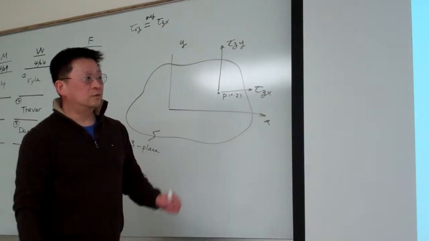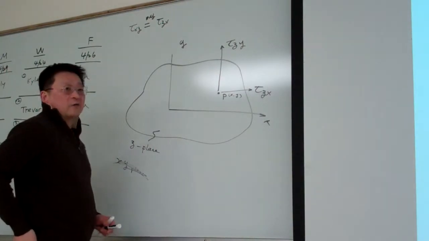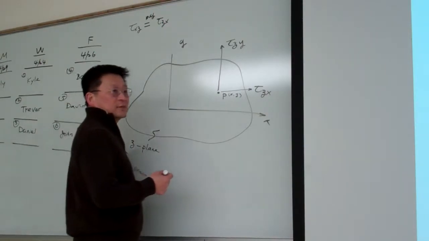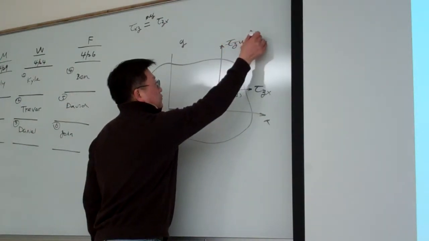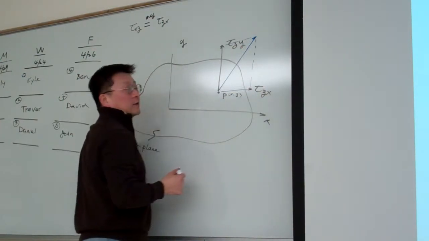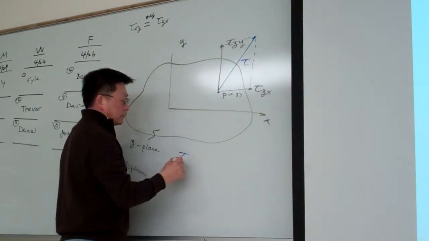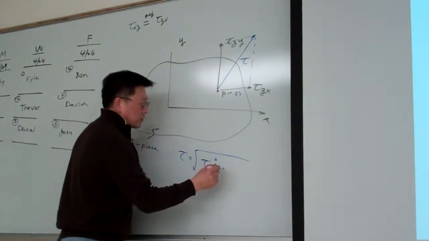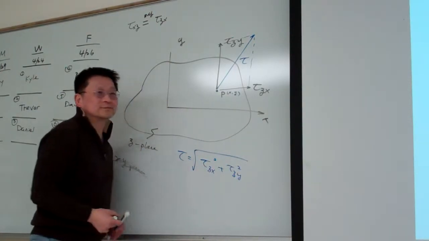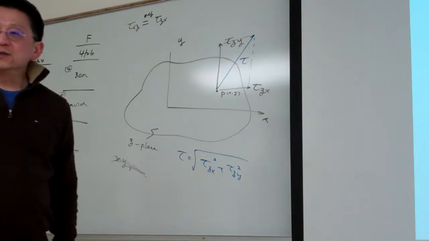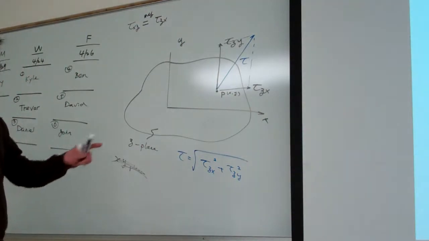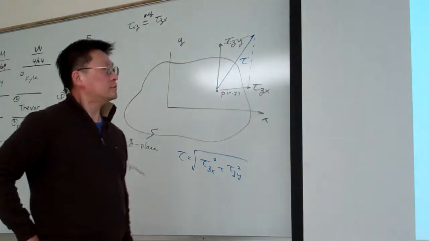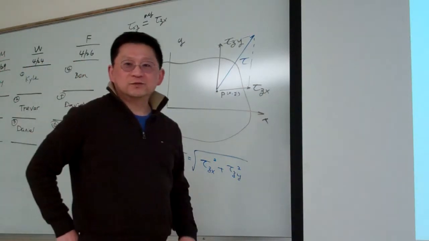From this point onward, before we take in more information, if I ask you what is the magnitude of the shear stress, then it simply is this. In terms of this drawing, that is the magnitude, tau. How to calculate? Simply is tau zx squared plus tau zy squared, right? If you still remember our previous test, one question exactly is about this one, right? Okay. So I will take a break here, so we're done here.